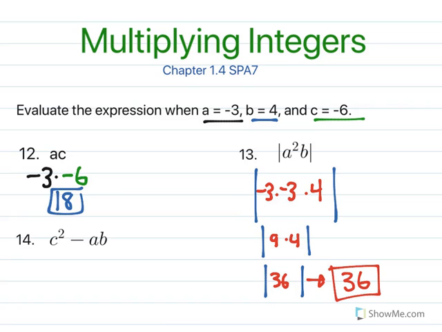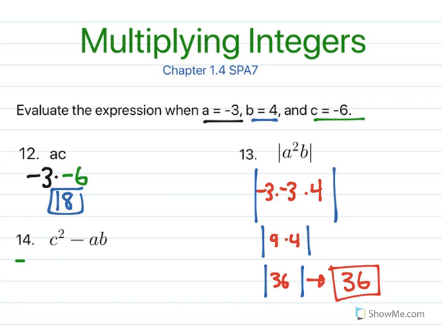All right, so number 14. For number 14, we have negative 6 squared. Now, since we're doing c squared, it means the entire letter c times itself. So it's really doing c times c.